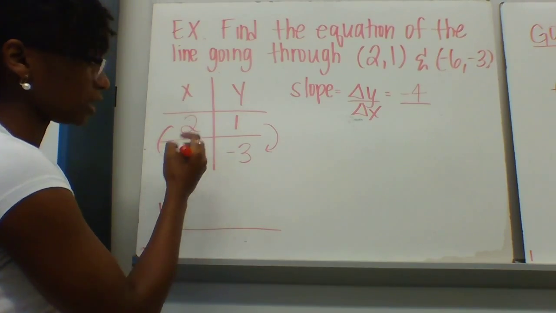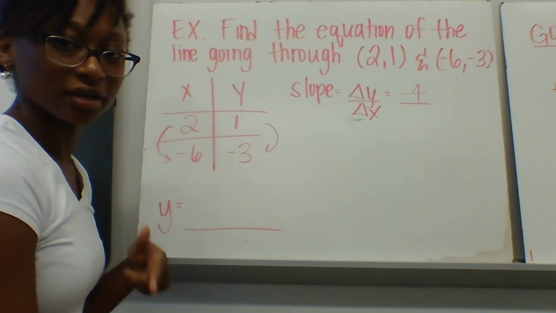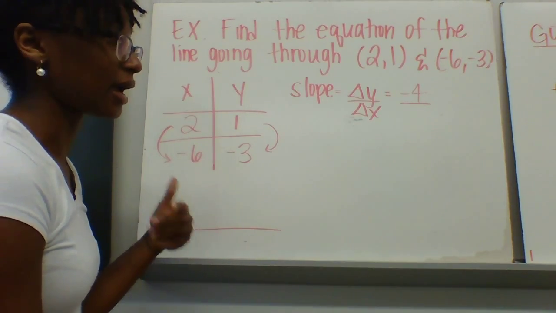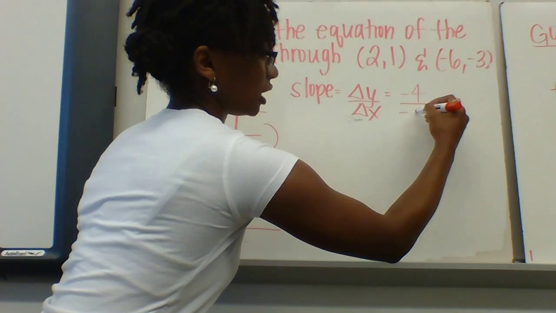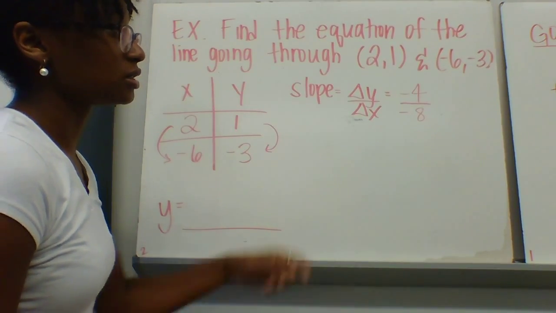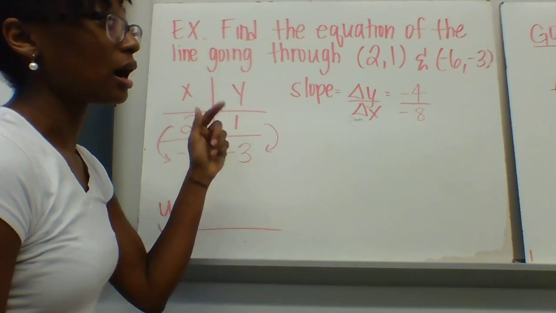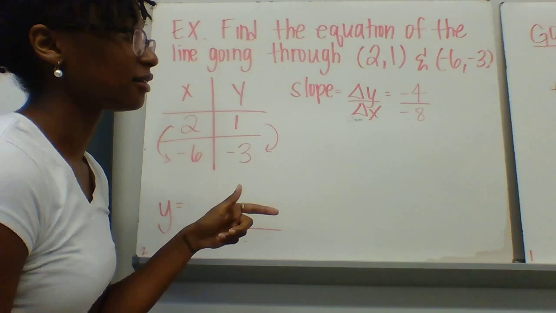Going from the point 2 to -6, you're going to subtract 8. So change in x is -8. Okay? So as I decrease my y value by 4, I decrease my x value by 8.